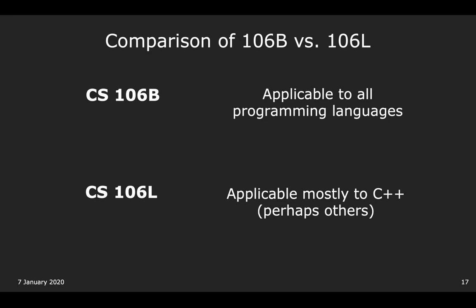CS106B is quite language agnostic. Even if you have never used Python or some other language before, after learning CS106B, the goal is you can probably transfer the knowledge to some other language. But most things we learn in CS106L are directly applicable to C++. We'll in particular focus on what makes C++ very unique. One of the biggest parts is templates.